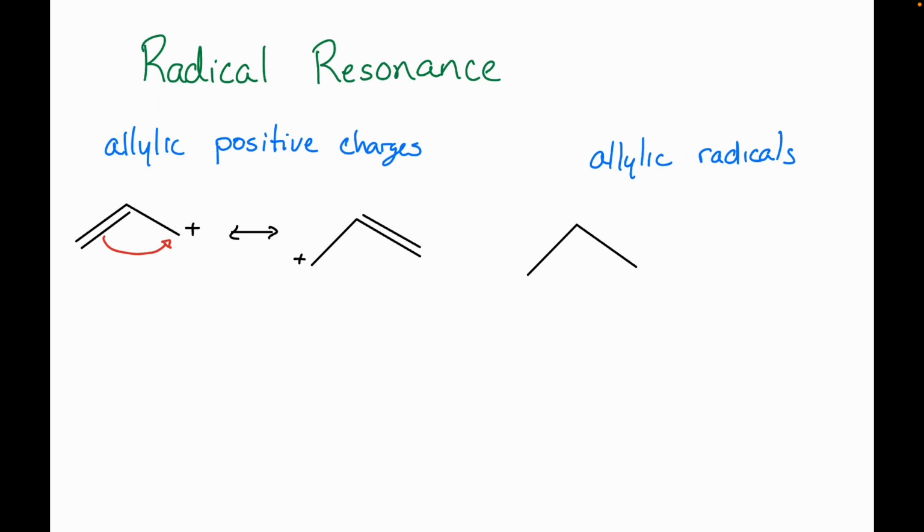All right, so if I have a double bond, and in the allylic position is a radical, I'm going to see the same sort of resonance where that radical and that double bond can swap positions.